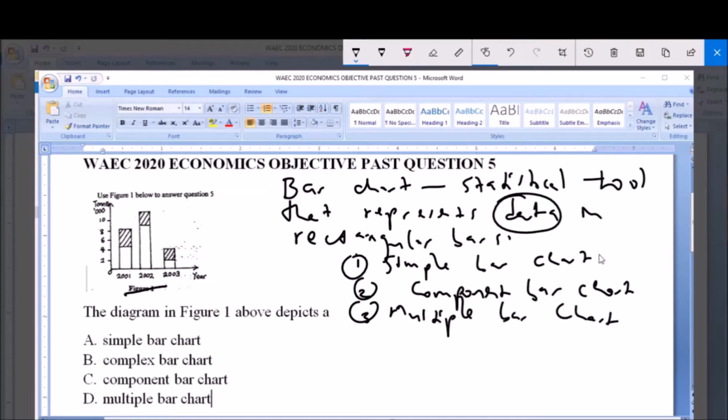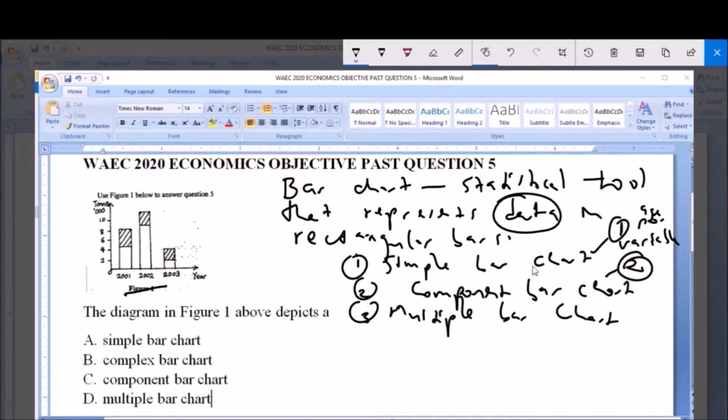Now, the simple bar chart is used when you have just one variable to represent. Let's say a variable like number or age or population, just one variable to represent in the chart. Then the components bar chart is used when you have two variables to represent.